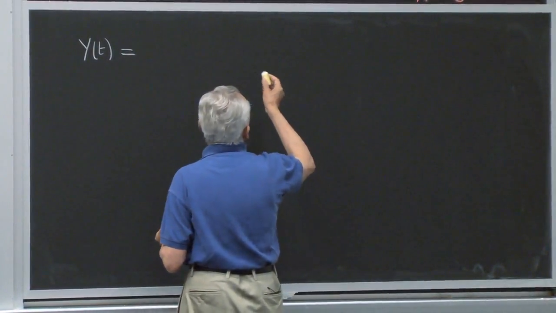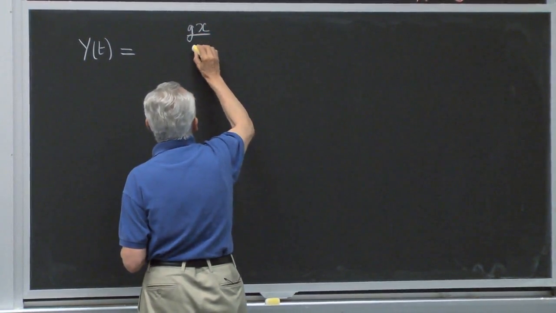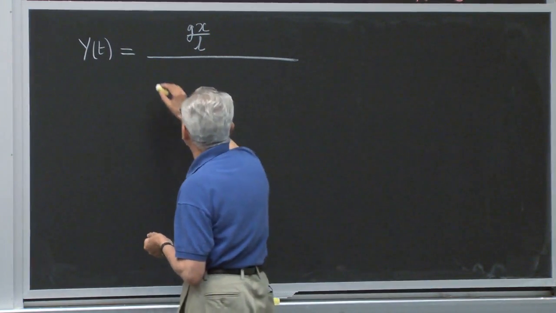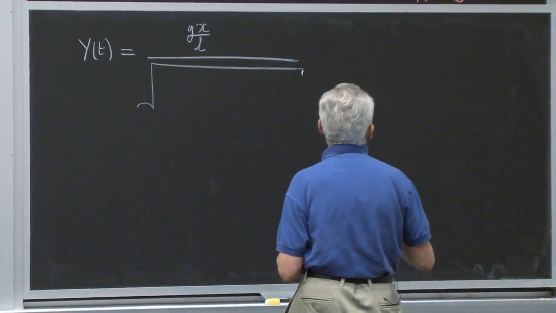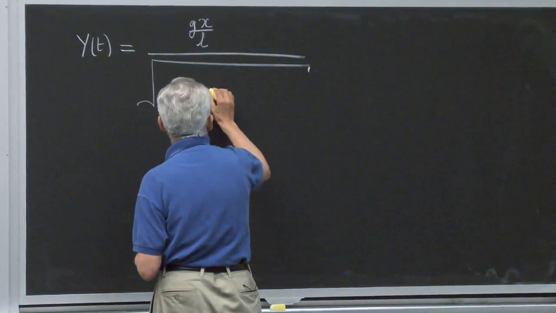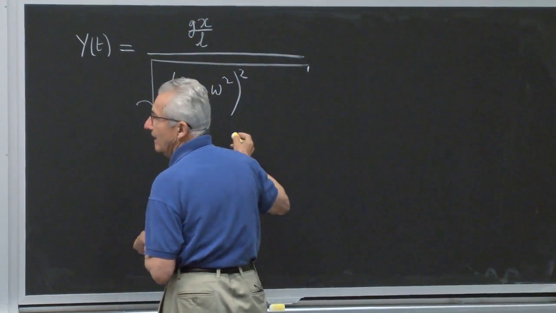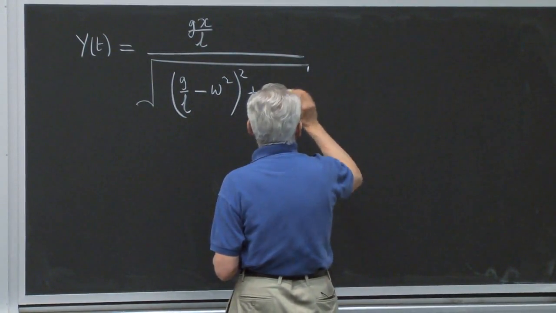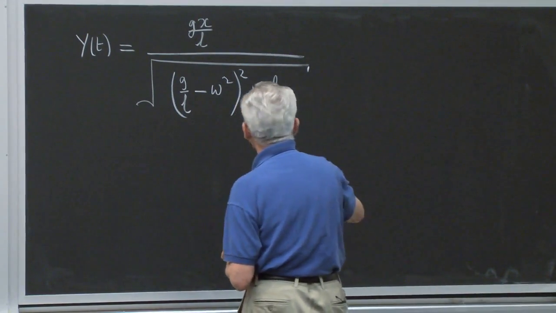It's f, which is g x over L, divided by a square root of (omega 0 squared, which is g over L, minus omega squared) all squared, plus (gamma, which is b over m this time, times gamma omega) all squared.